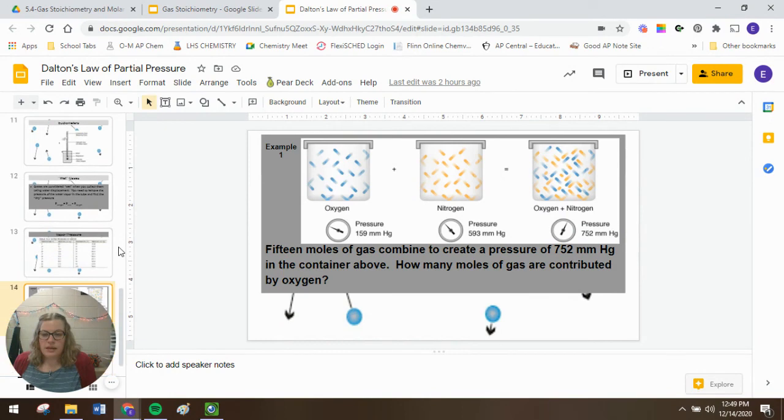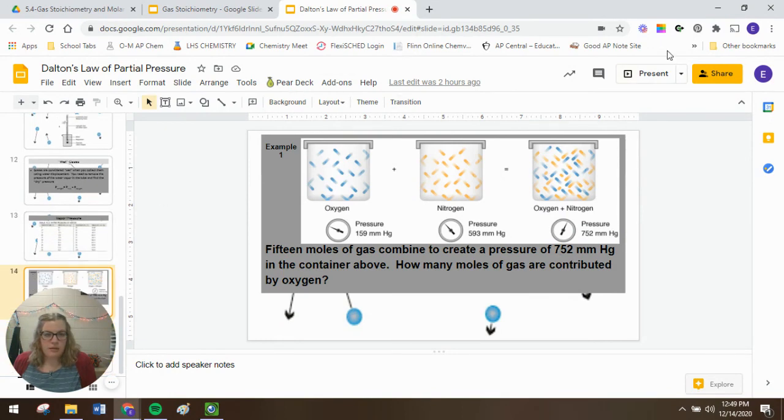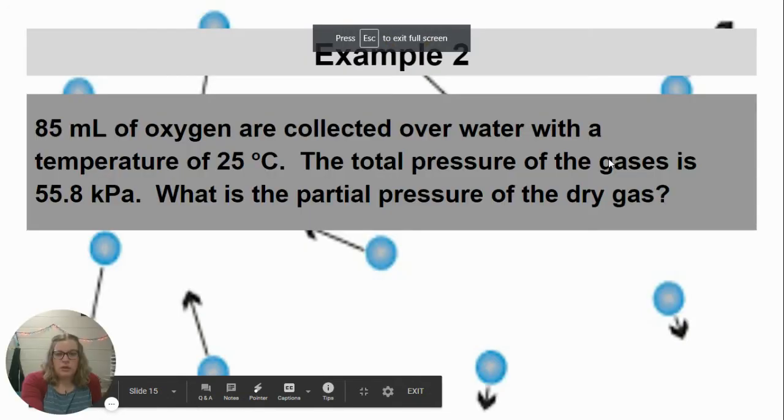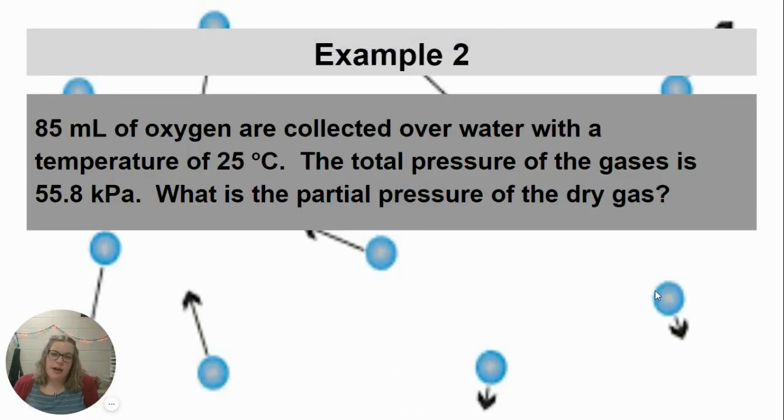Okay, the second question is about vapor pressure. It says 85 milliliters of oxygen are collected over water at a temperature of 25 degrees Celsius. The total pressure of the gases is 55.8 kilopascals. What is the partial pressure of the dry gas?